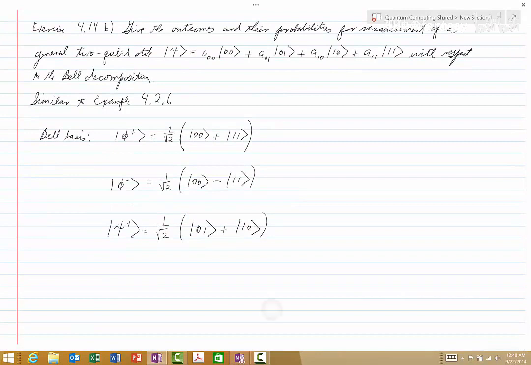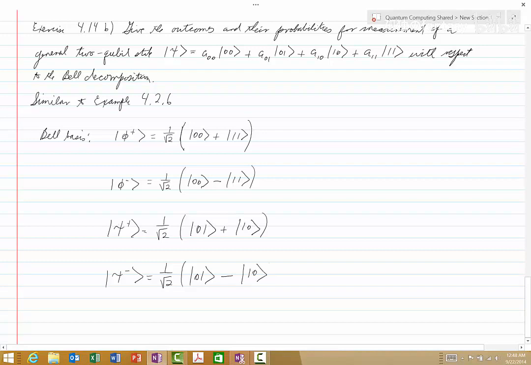And then finally, psi minus is 1 over square root of 2 times 0, 1 minus 1, 0.